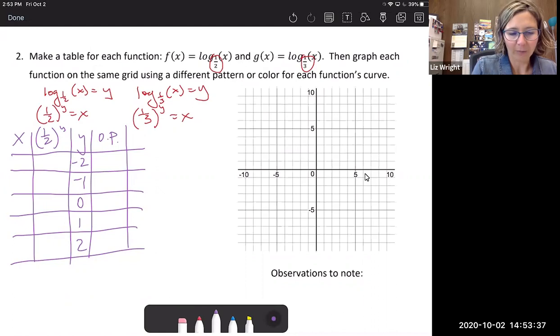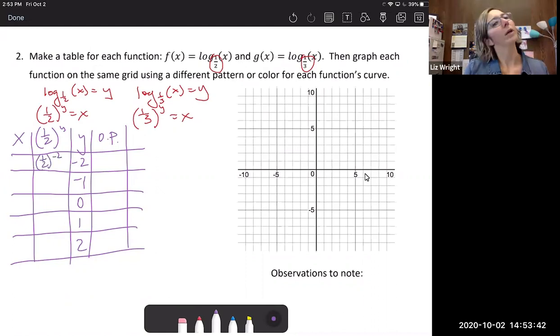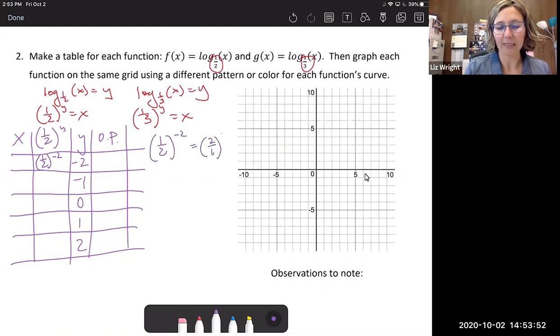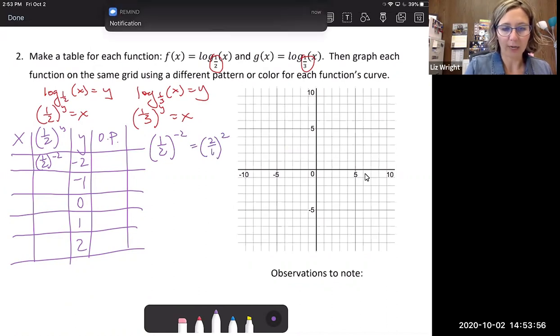And then we're plugging that information in. So 1/2 raised to the -2nd power. Recall again that if we have 1/2 raised to the -2nd power, we can switch it so it's like this to have the positive exponent. So that's going to give us 2 squared, which is going to give us 4.